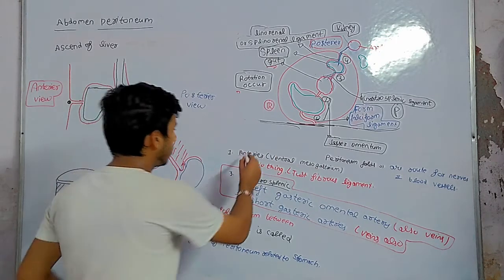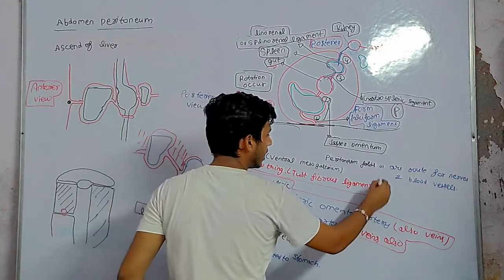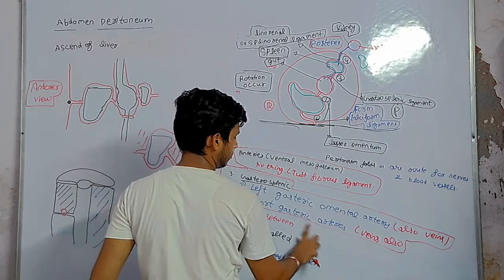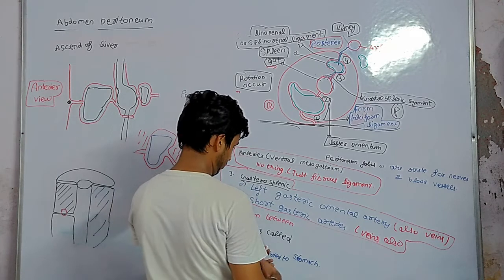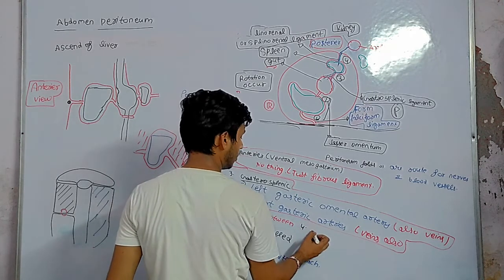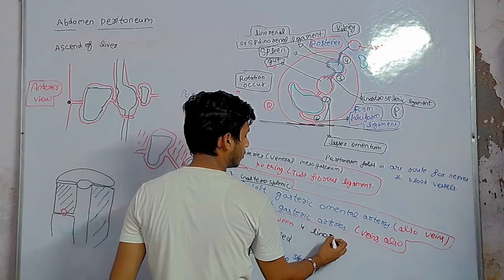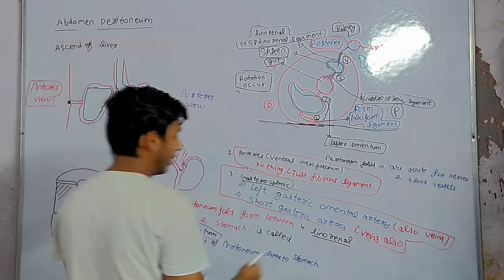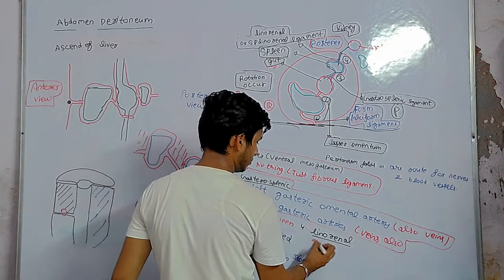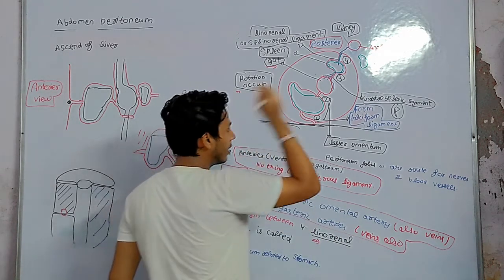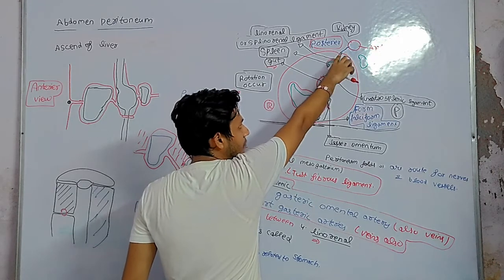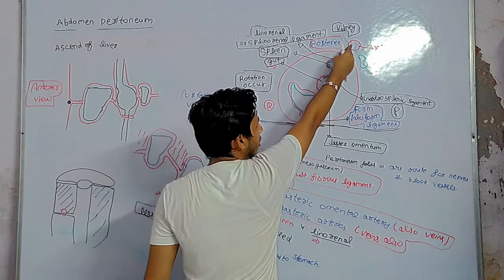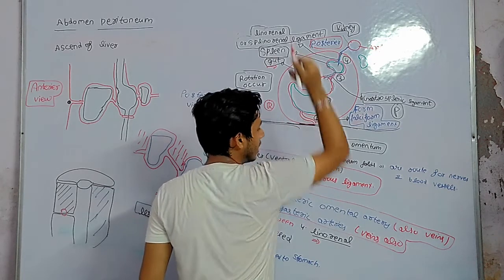Now come to the fourth ligament, which is called the splenorenal or lienorenal ligament. In the lienorenal ligament we have the splenic artery and splenic veins, because the splenic artery and vein come from the aorta through this fourth ligament.